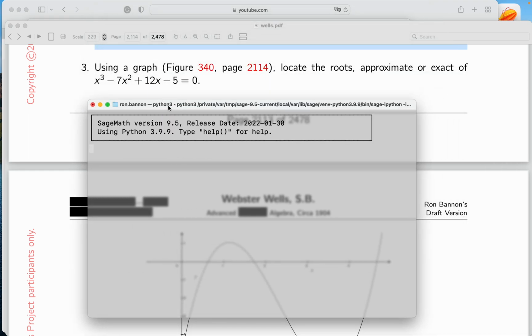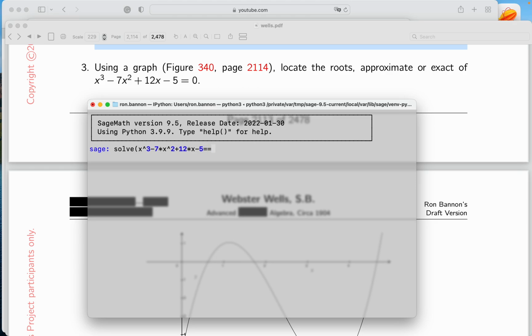The nice thing about Sage is that it can solve things much quicker than I could by hand. So I'm going to say solve x cubed minus 7 star x squared plus 12 star x minus 5.